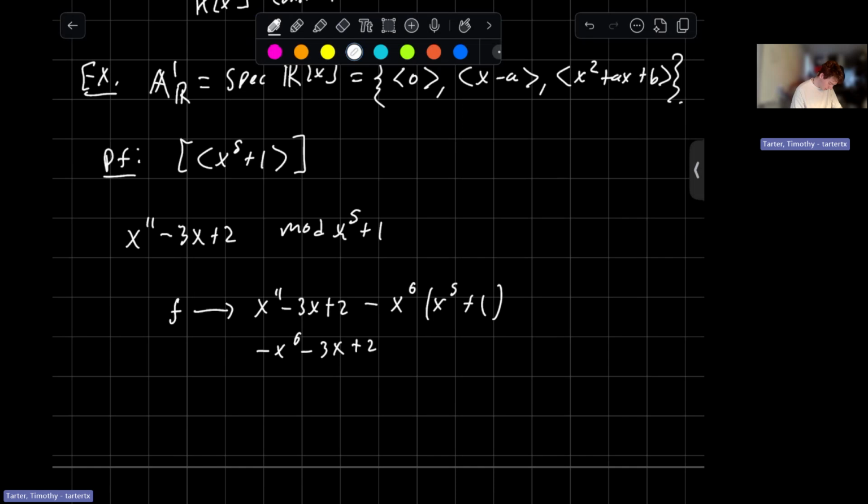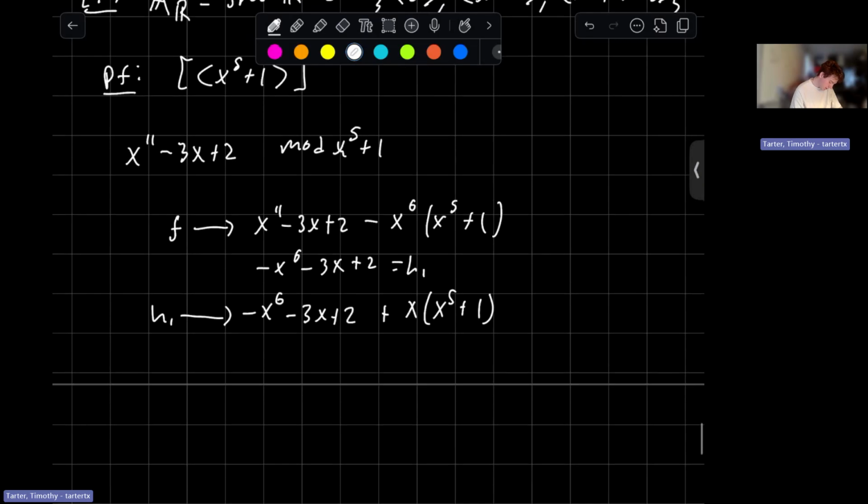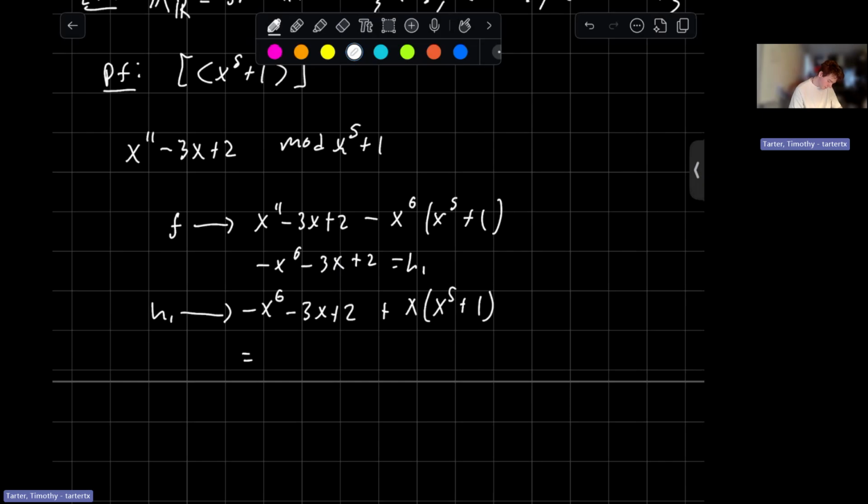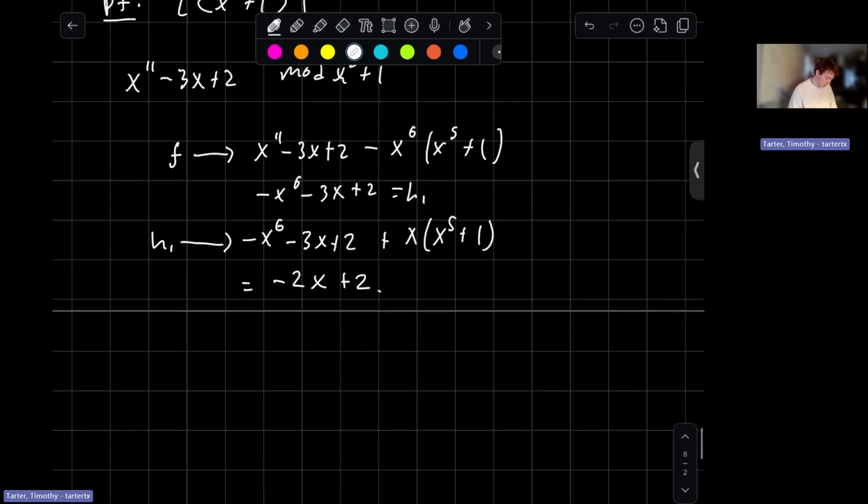And then we'll call this h1. H1 reduces, adding x times (x to the 5th plus 1), which is equal to negative 2x plus 2, which is not in R.